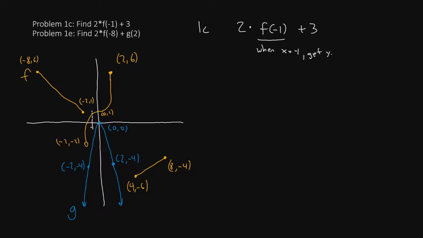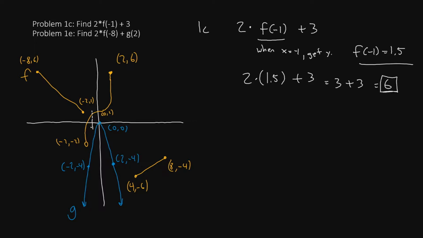So we'll say this is roughly 1.5. So to find the answer, we say 2 times 1.5 plus 3. 2 times 1.5 gives us 3, plus the additional 3 would give us 6. That would be our answer for 1C.